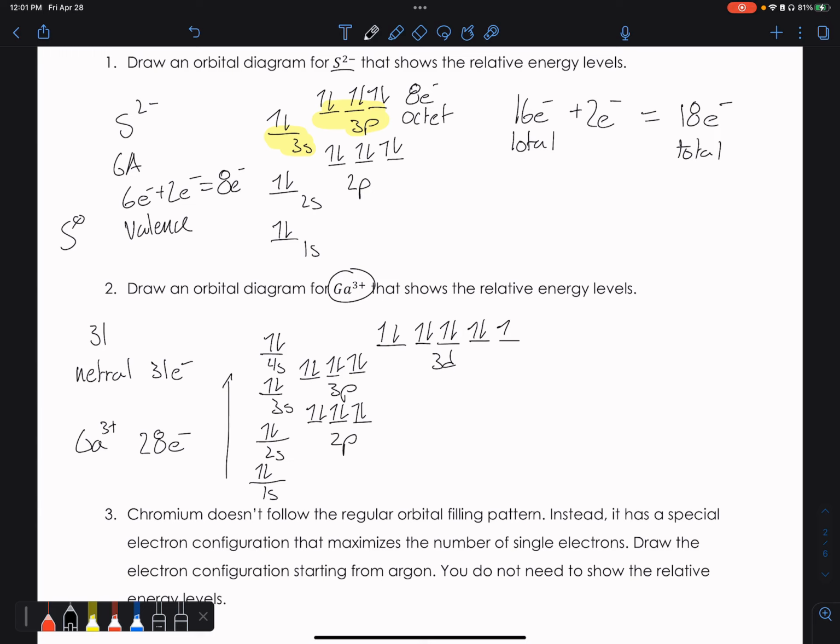I think I counted that correctly. 2, 4, 6, 8, 10, 12, 14, 16, 18, 20, 22, 24, 26, 28. Nope, I was off by 1. And that makes sense. So these last two, instead of being paired up, would be like that. So there's the orbital diagram for gallium.